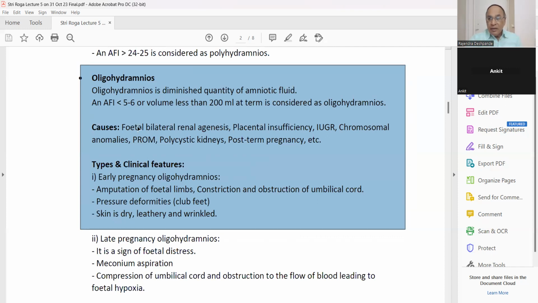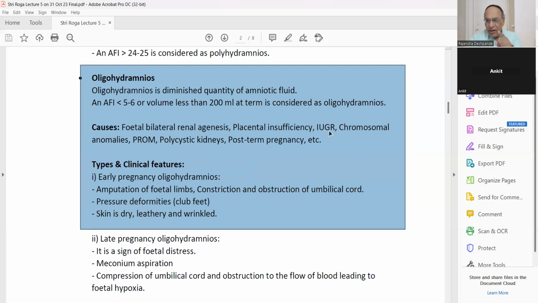Because there may be in the baby, fetus means baby, bilateral renal agenesis, kidney problem. In short, baby's kidney, not mother, baby's kidney problem. And that's why amniotic fluid is less. Placental insufficiency. Placenta is not giving proper nourishment to the fetus, baby. That may be the cause of less fluid.